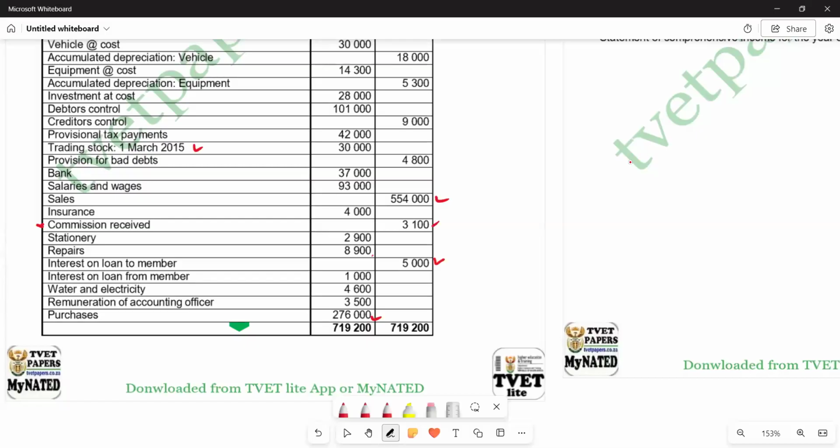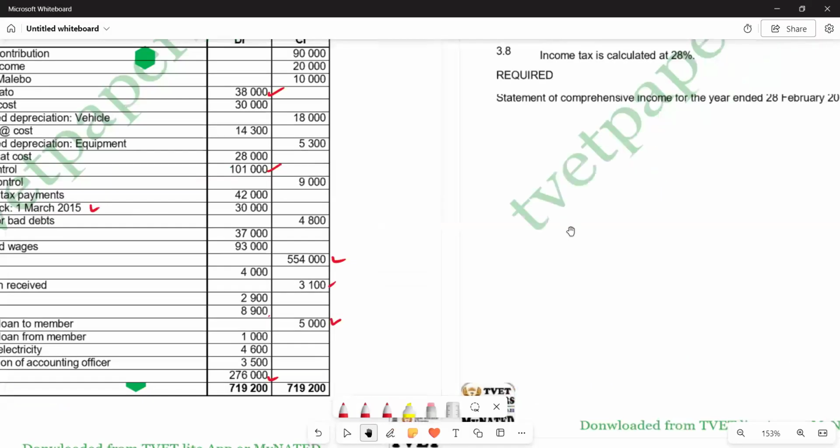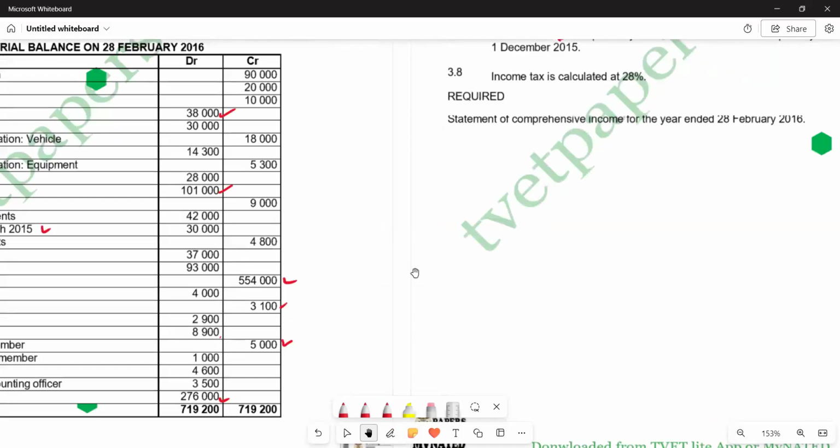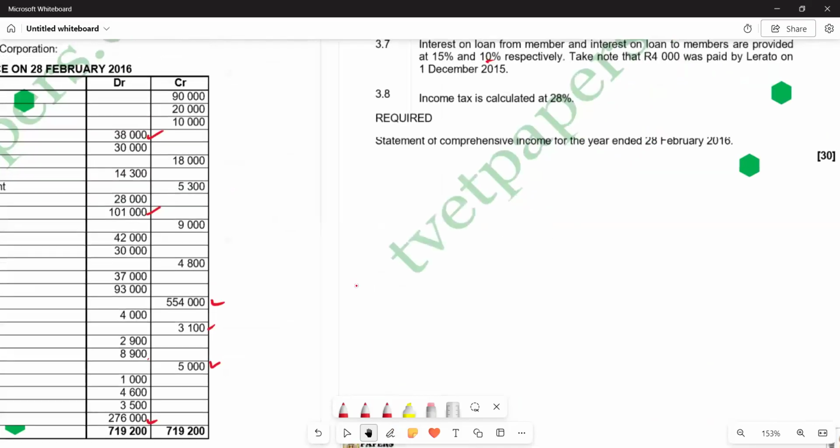So if you come to the trial balance, you will see that our debtors control figure is 101,000 here. So we go to the additional information to see if there are any adjustments about this debtors control figure. Remember, this is the figure that we're going to use to calculate the provision for bad debts. So we are here at 101,000, representing our debtors.